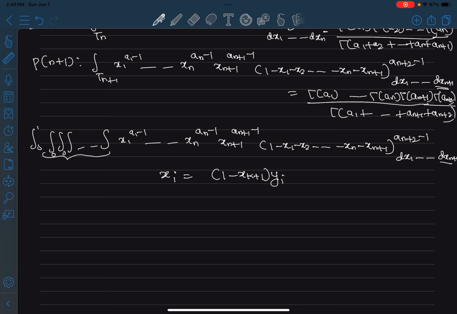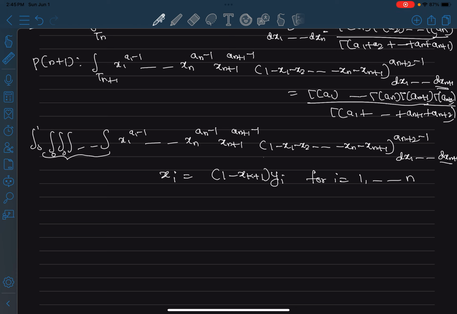I will make the substitution for i from 1 to n only, not for n plus 1, so only for x1, x2 up to xn. After solving with the substitution, it turns out that all this set of points yi will still make an n-dimensional simplex, right? So let's see that.